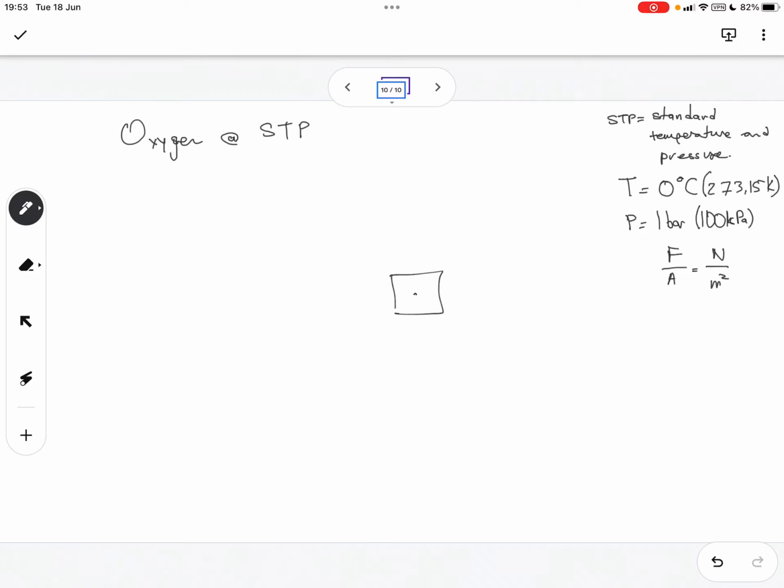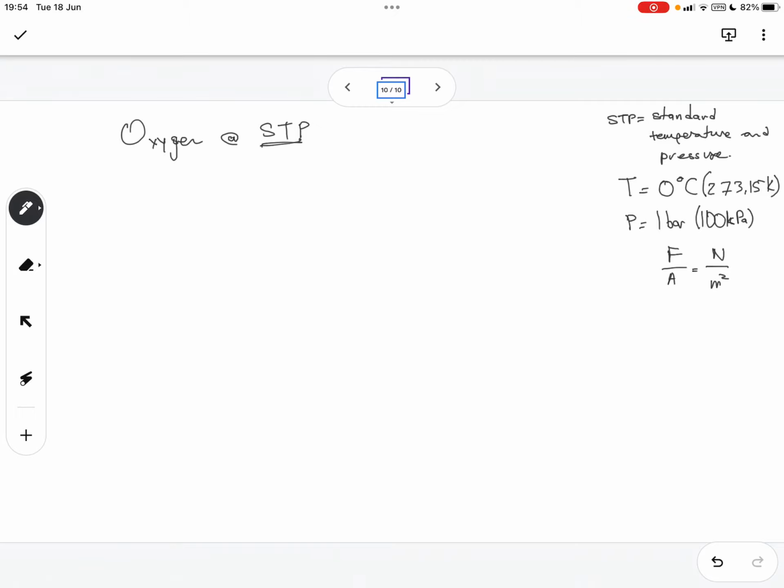If you think about force being applied on an area, looking at it from the side, you'll have a force acting on a surface like that. So this here would be the area. That's another way of looking at pressure.